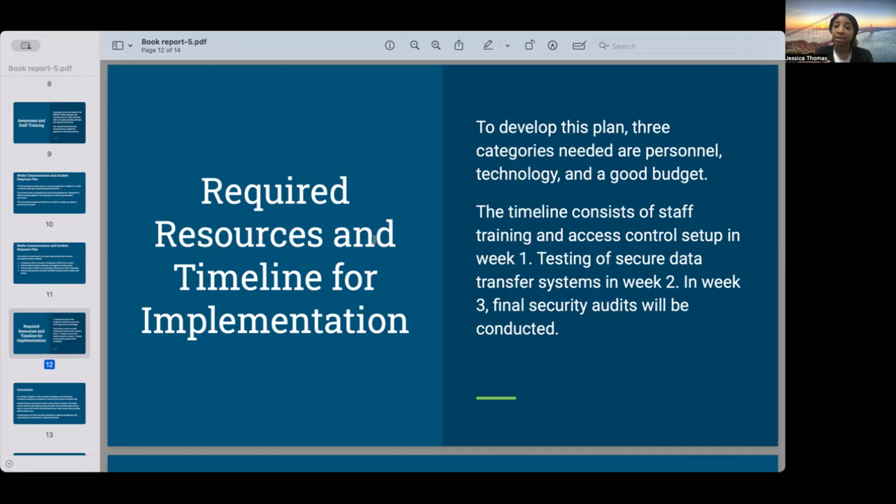And this timeline could consist of week one training staff and setting up their access controls. Week two will consist of secure data systems testing, week three will be more audits, and week four will be the implementation process.